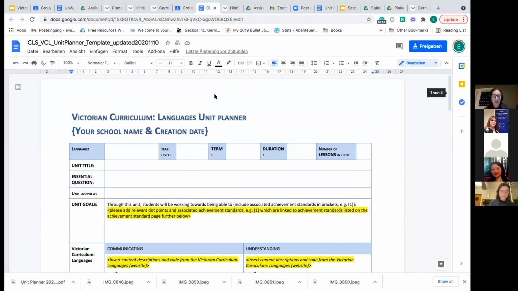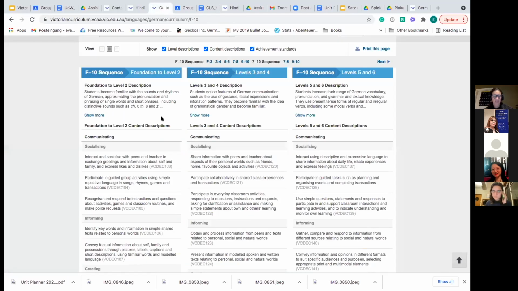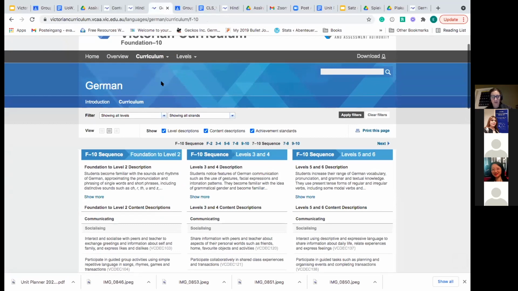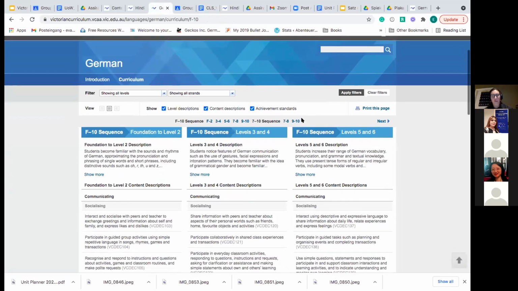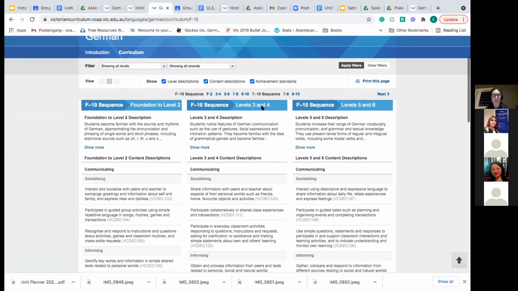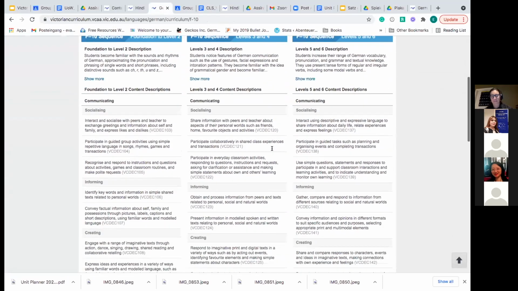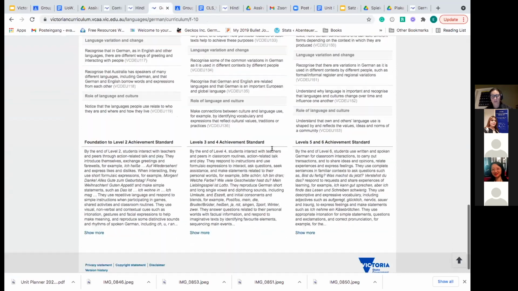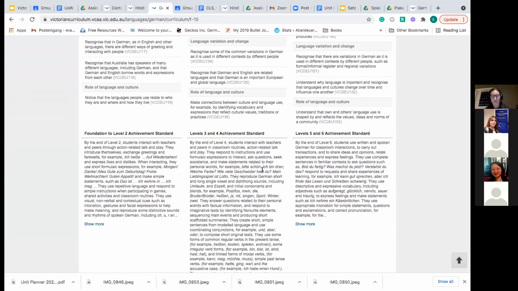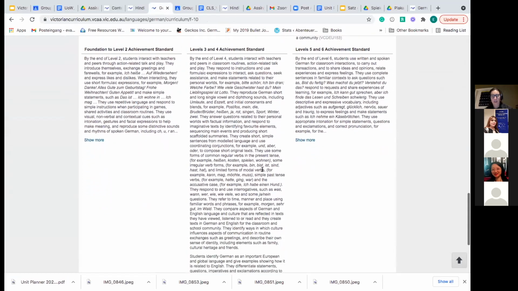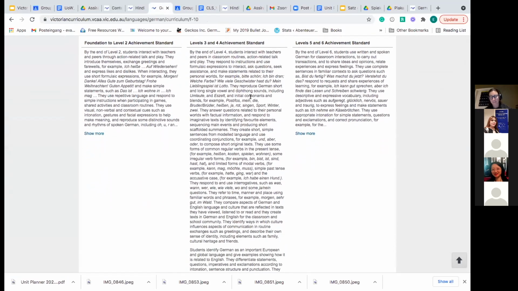As I said before, your starting point is always the curriculum. In my case, it's the German curriculum, and the unit of work we want to do is for level 3. So the first thing we do is go to the achievement standards.